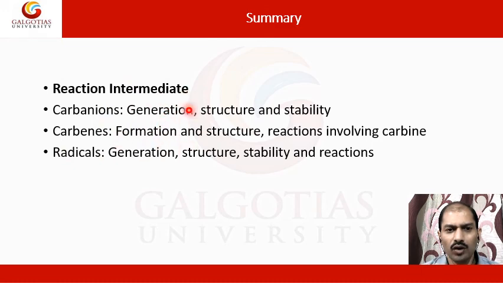Among them, how to generate them, how to make carbanions, their special stability, their reactions, and similarly in the case of carbenes, their formation and structures, the radicals and free radical reactions, how the free radical reaction takes place, and the importance of free radical reactions in different kinds of reactions in industry as well. These free radical reactions are very important, and we also had some discussion on their rearrangement.